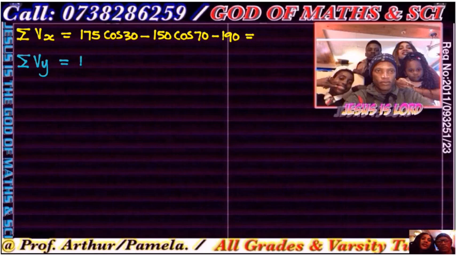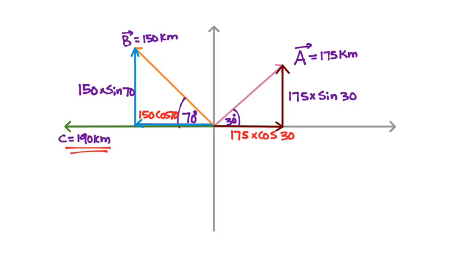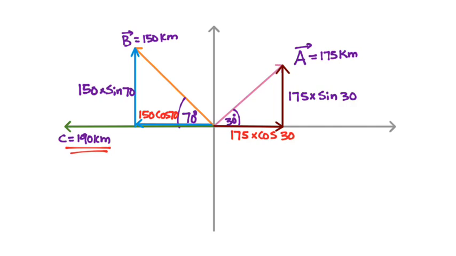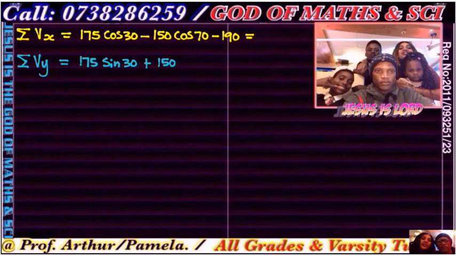So it's 175 sine of 30, then plus 150, what was that? It's also sine. Okay, sine of 70 equals to, all right, let's start with the yellow.